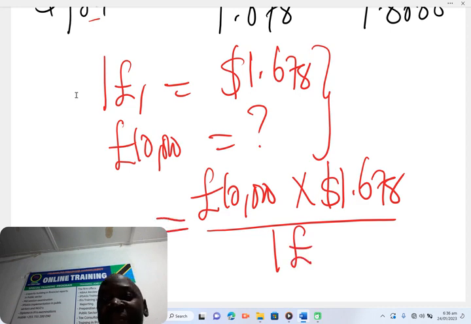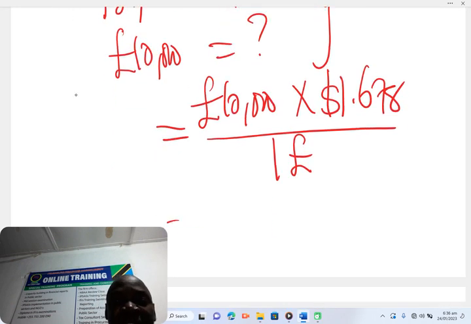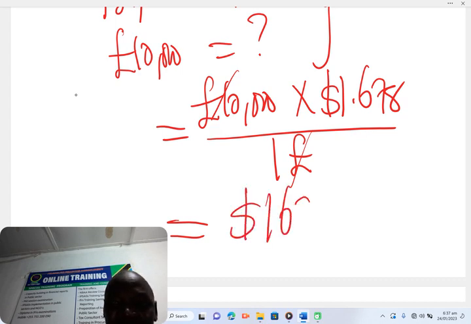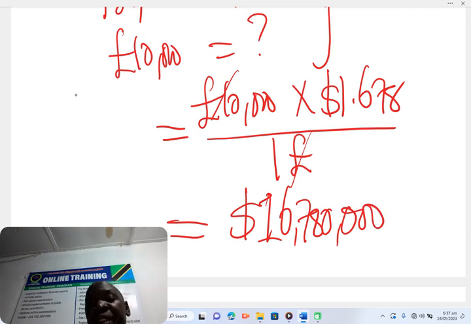How much do you get? So we cancel this one. So this is dollar how much? So 16,780. This way. So this is the transaction.